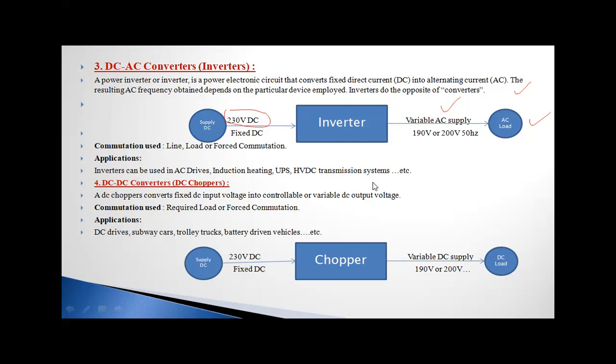Can we write electric vehicles? Okay, you can also write electric vehicles. In electric vehicles also we are using the inverters.